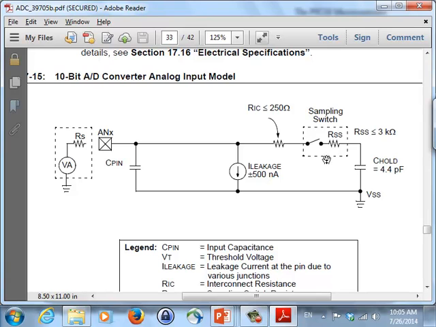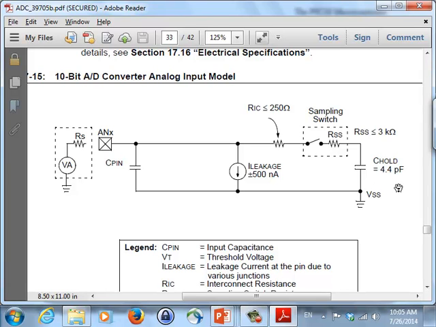And then you have a sampling switch, RSS, which they again guarantee is going to be less than 3 kilo ohms. And when you tell PIC sample the input, it's going to close the switch, and then you have a long RC circuit that needs to load up this C hold.